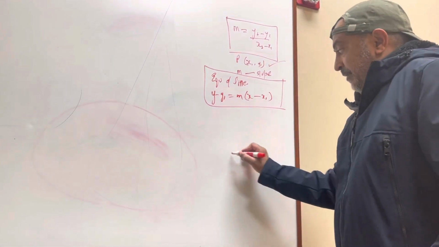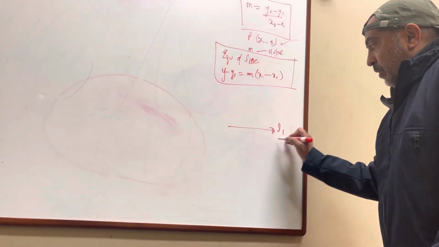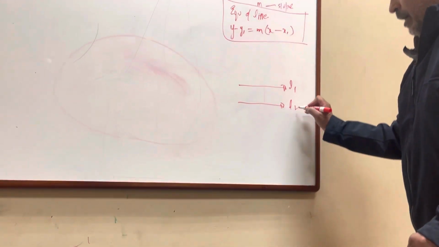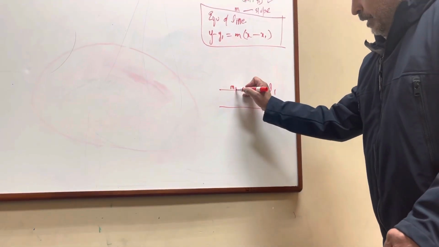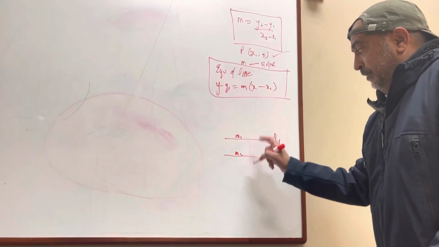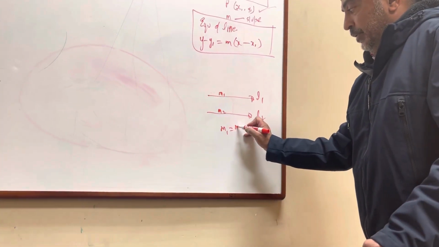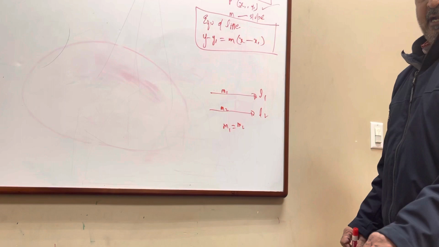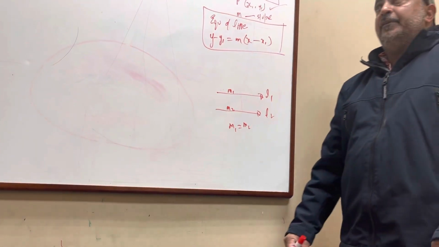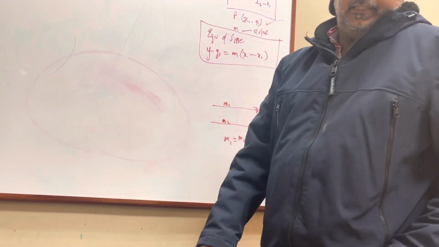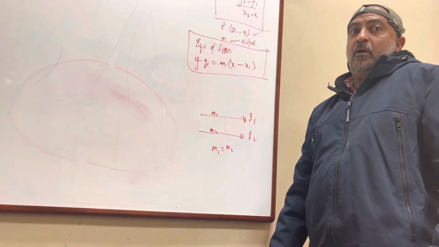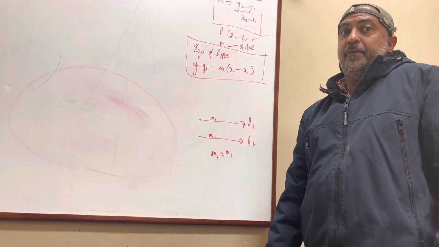Second thing is, if the two lines, let's say L1 and L2, are parallel, then the slopes of these lines are also equal. And if you remember, if we have perpendicular lines, then the product of the slopes should be -1.